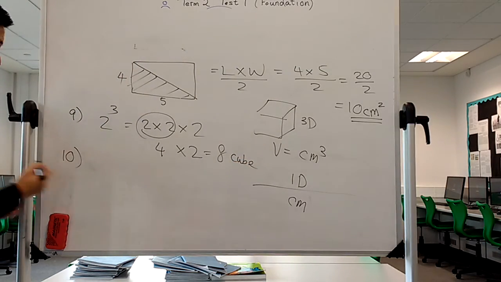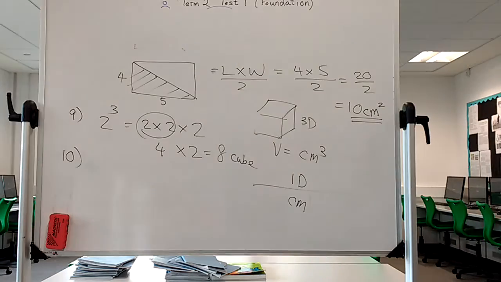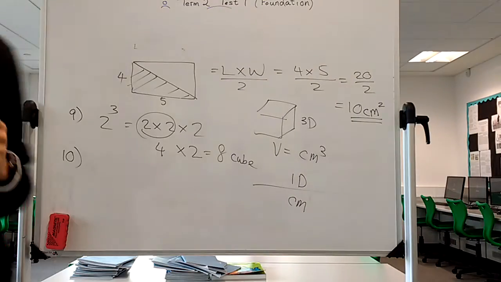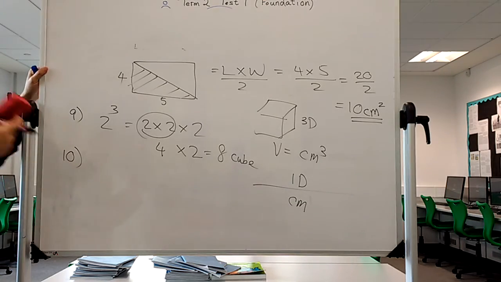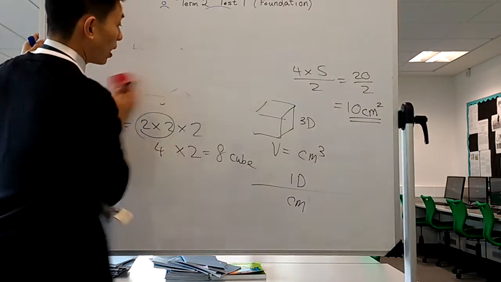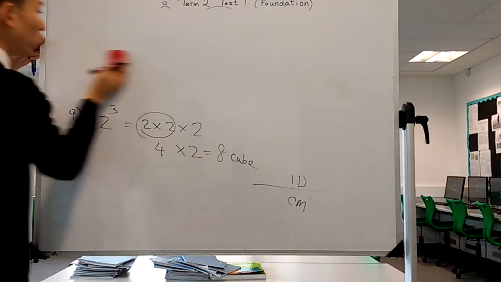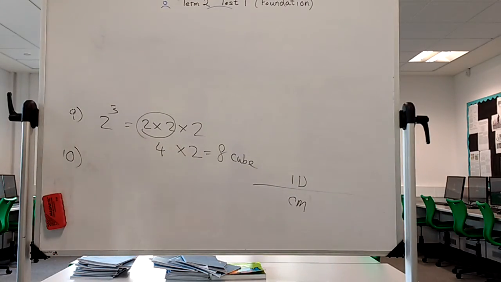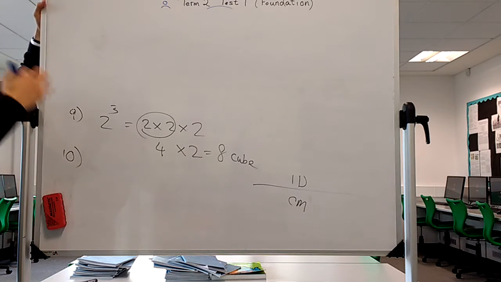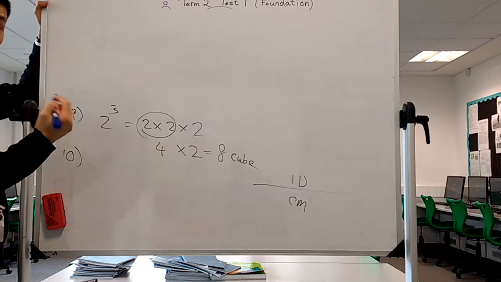Number 10, final question. So, this one will need more space. There is an advanced version for this. I'm going to quickly show you the very basic one first, but it takes a lot more writing actually.